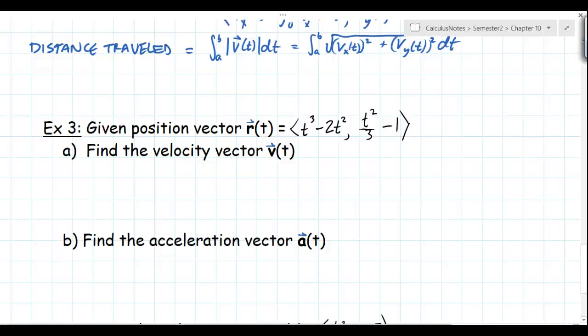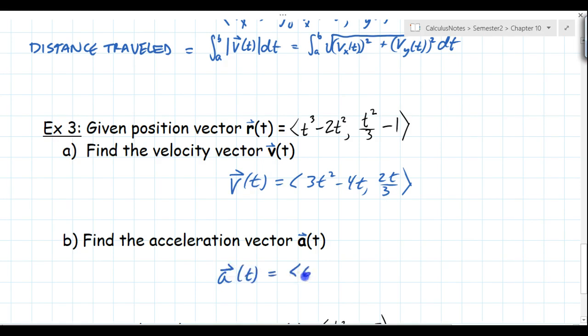Okay, so if we take the derivative of the position vector, we get the velocity vector is going to be 3t squared minus 4t and 2t over 3. And then if you take the derivative again, you get the acceleration vector, and that is 6t minus 4, 2/3. Any questions on that example?